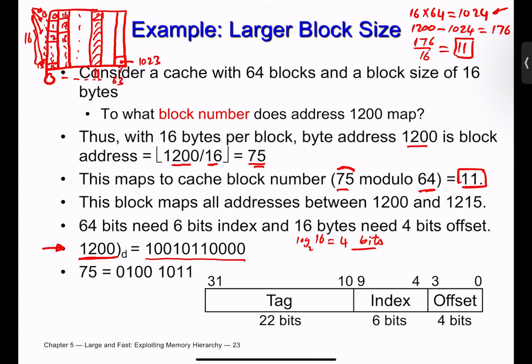So that means that the very first 4 bits in that number will specify my byte location. This is the byte location. Since it is 0, 0, 0, 0, that means if this is block number 11, my location will be here.